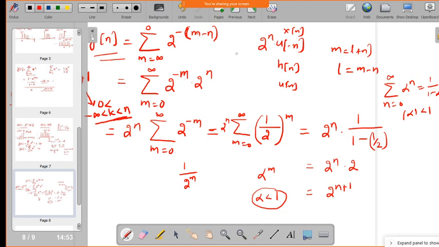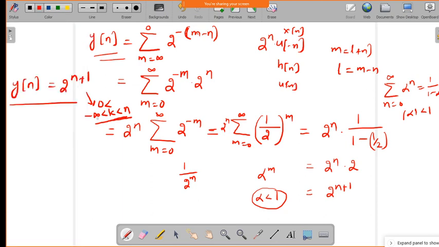The convolution sum is equal to 2 power n plus 1 when it exists from minus infinity to n.